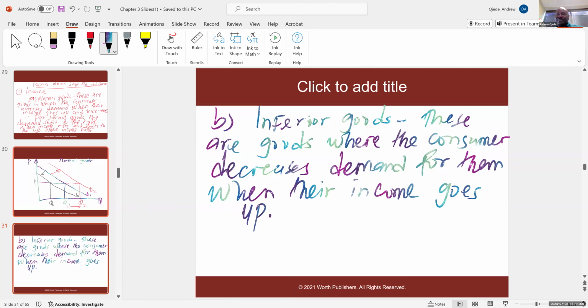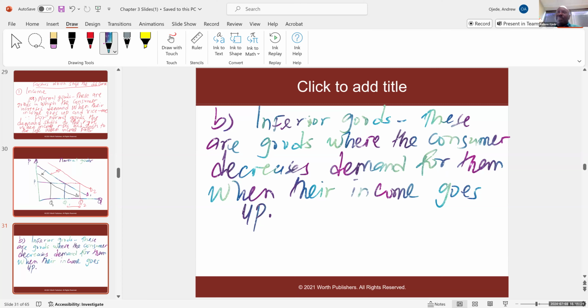Someone one time was debating with me in class, and I asked them a question. Between Jimmy John's sandwiches and Subway, which one would you regard as inferior? The class was split in half. Some people love Jimmy John's sandwiches, some people love Subway.